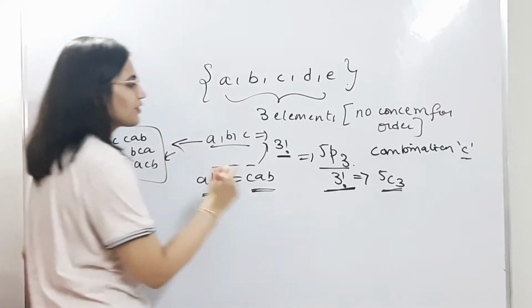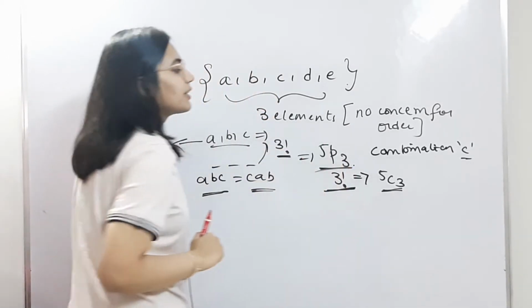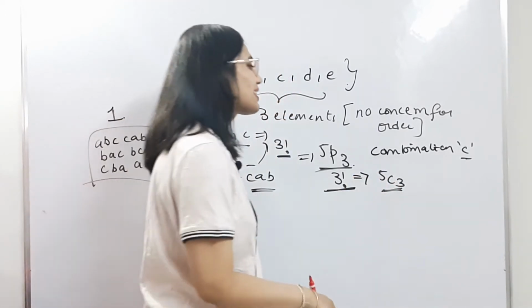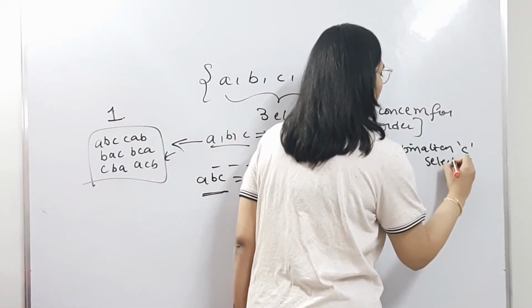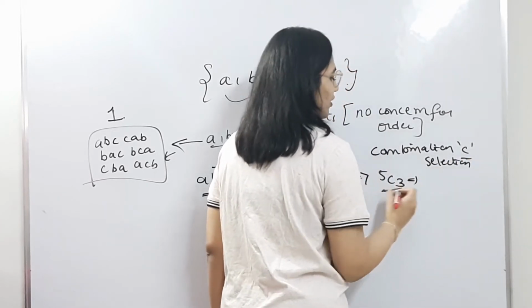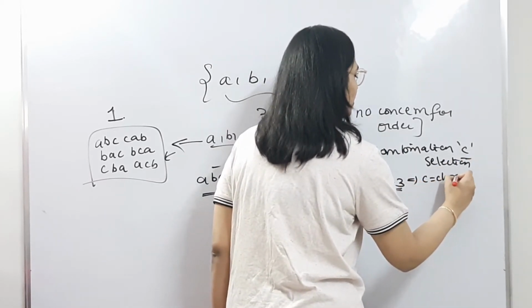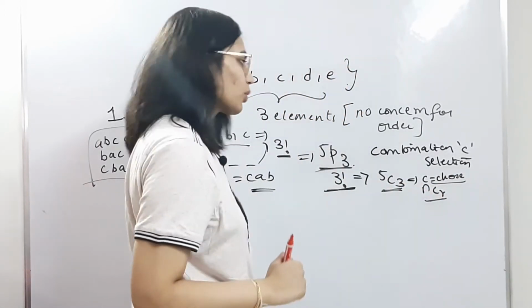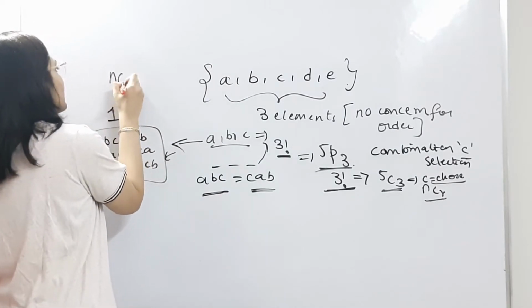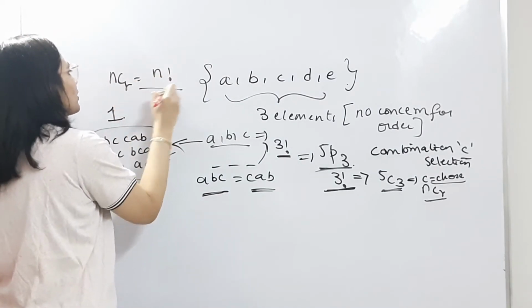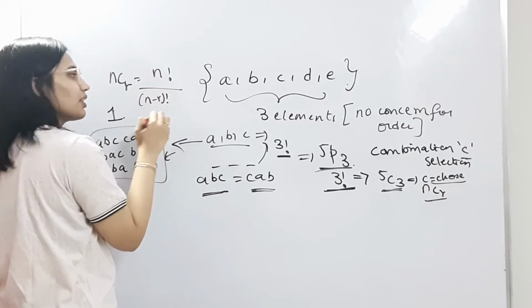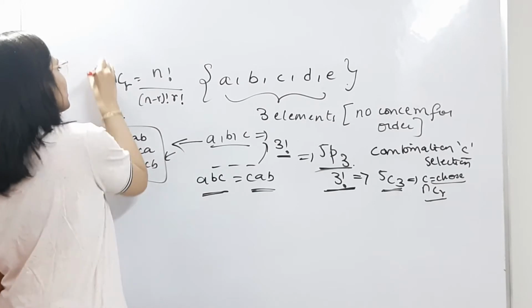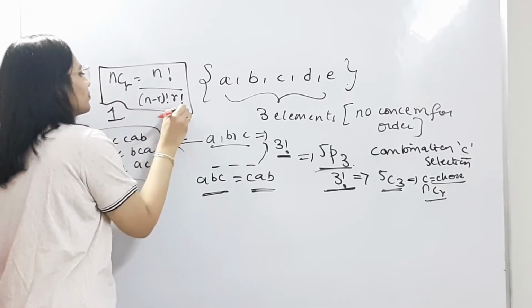That is the reason if we divide the permutation by this, we get a combination. Combination means selection with no order. That is what we call choose, and we can write this as NCR. So in short, NCR is equal to n factorial by (n minus r) whole factorial, because this is the permutation definition, into r factorial, is combination.